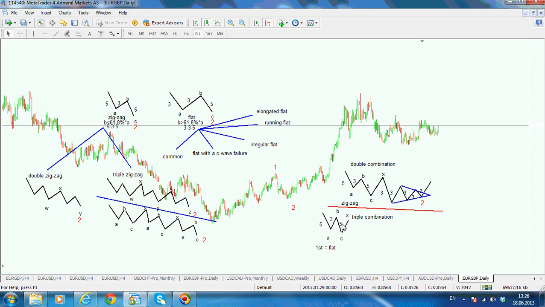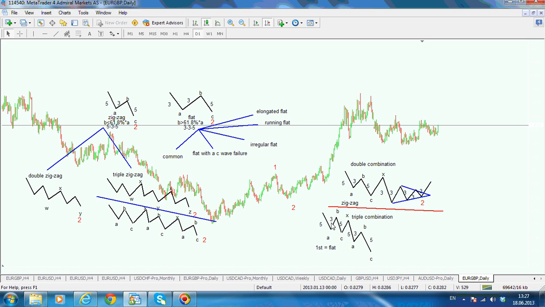Then you have a second correction. Let's say that you might have a second correction in the form of a zigzag, like A and B and C. For a second correction, so A, B, and C. This should be a 5, 3, and 5.